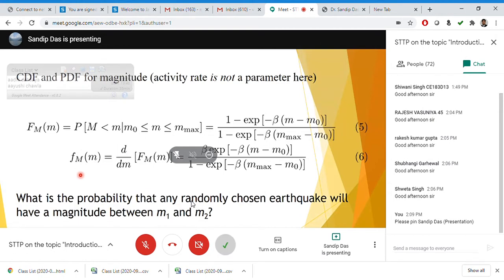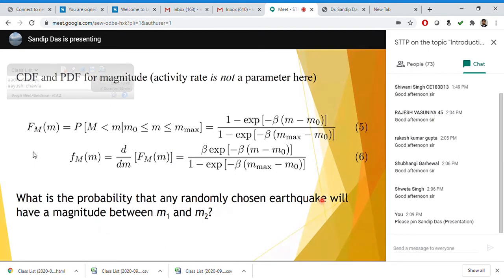Here we are trying to ask: if you just choose one earthquake randomly, what is the probability that this randomly chosen earthquake will have a magnitude between m1 and m2?